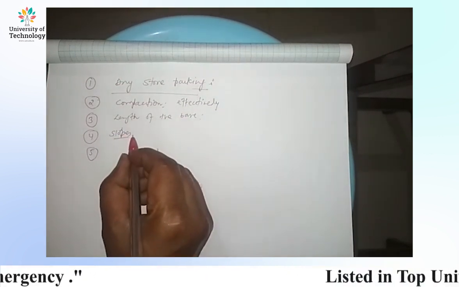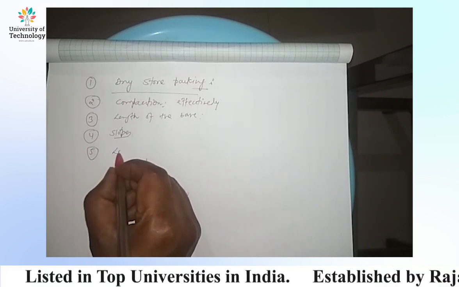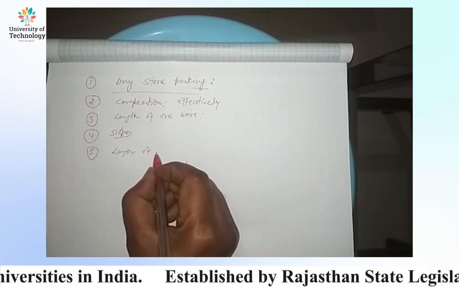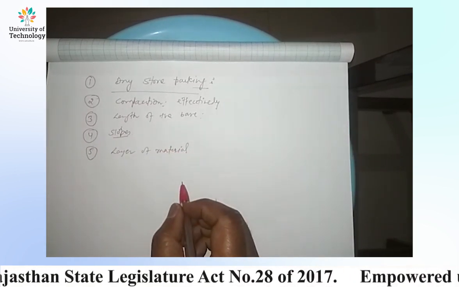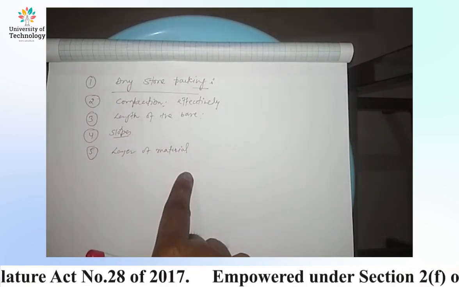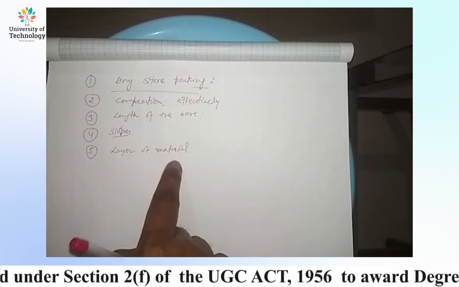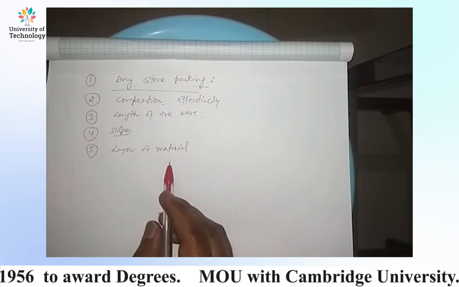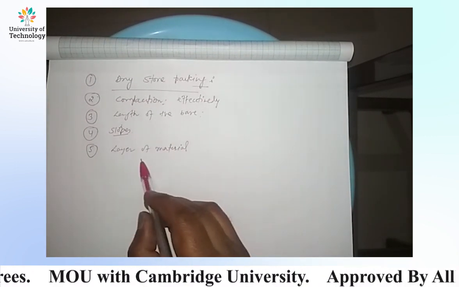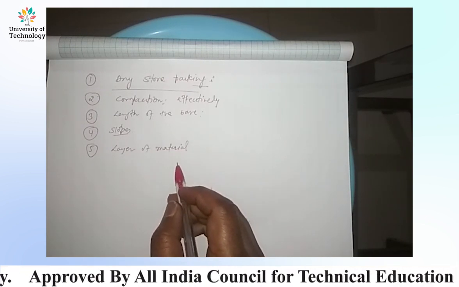The slopes should be provided with a suitable layer of material to avoid burrows from animals. This may be a major reason if we do not provide a proper layer of material.